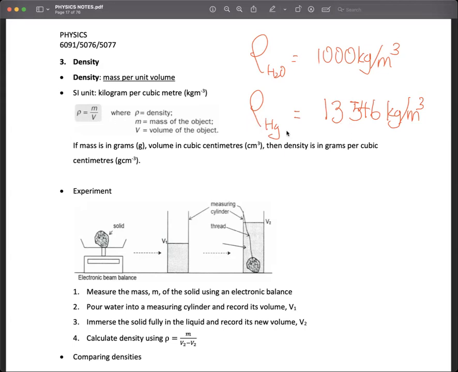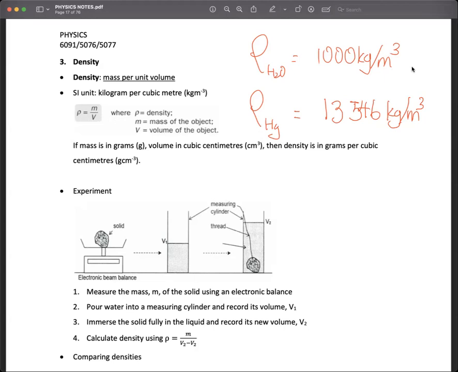We use mercury in quite a bit of things because it is the most dense liquid in our environment, in our atmosphere. Is that clear? It's the most dense. It is 13 times more dense compared to liquid water. Clear so far? Okay, so another example, let me share with you.